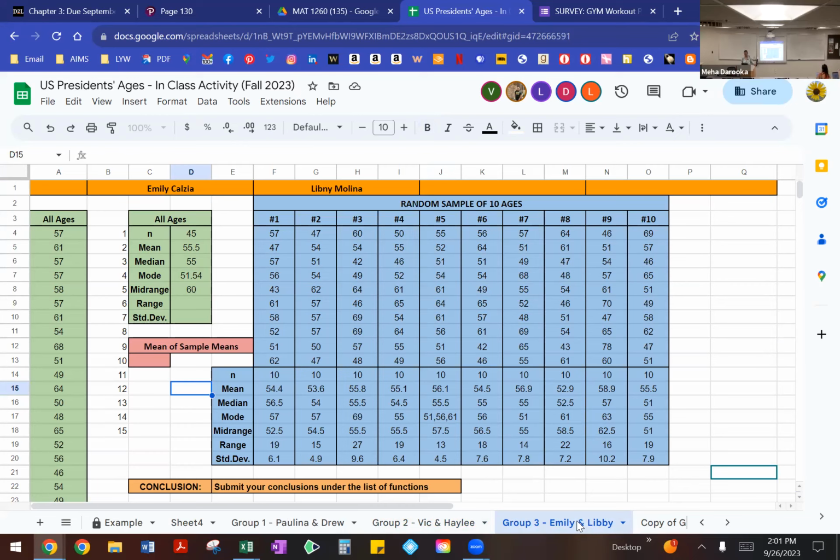What about 6? 6 is not too bad. Actually, even number 5, because you do have one of those modes of 56 in there. So those would be pretty close to each other, right?